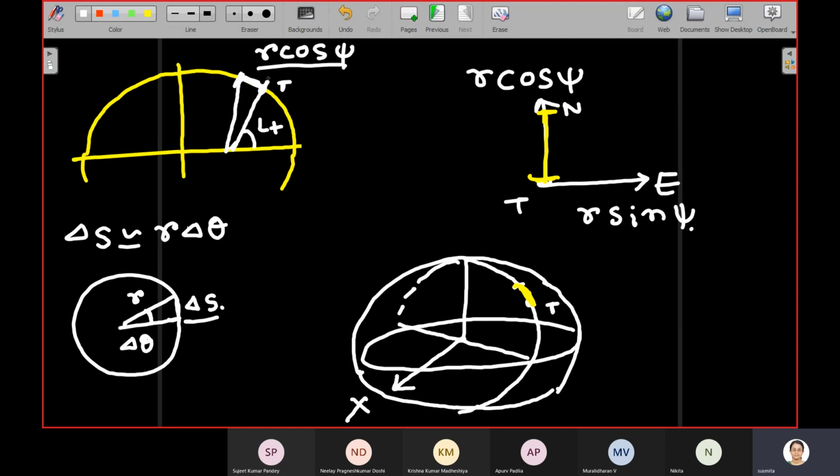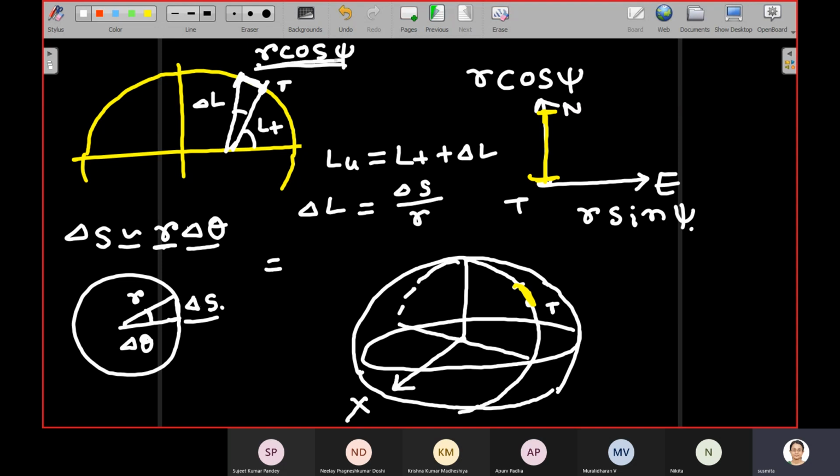This delta S is known. This is R cos psi. So by dividing by the north-south radius of curvature Rn, we can get delta theta, right? Delta theta is nothing but delta L. So user latitude is equal to LT plus delta L. And what is delta L? Delta L is actually delta S by Rn. What is delta S?